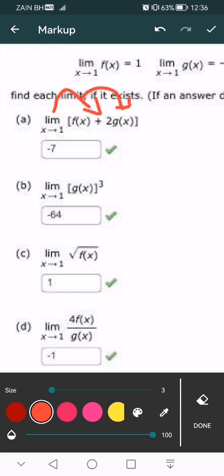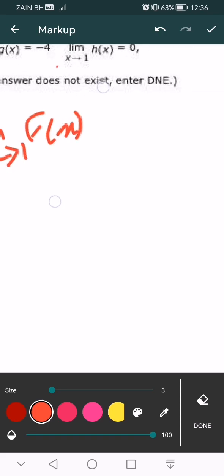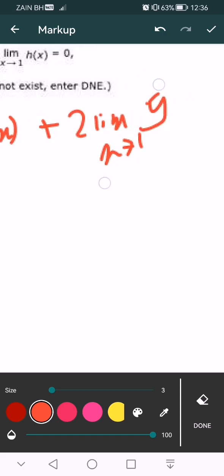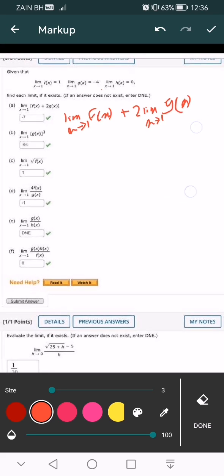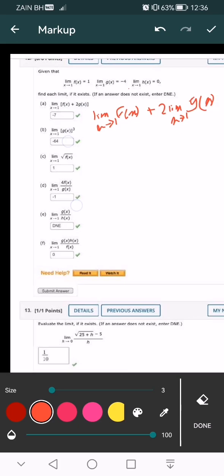The 2 I will bring out, so the shape will look like: limit as x goes to 1 for f of x plus 2 times the limit as x goes to 1 for g of x. So this is the way of writing this question.